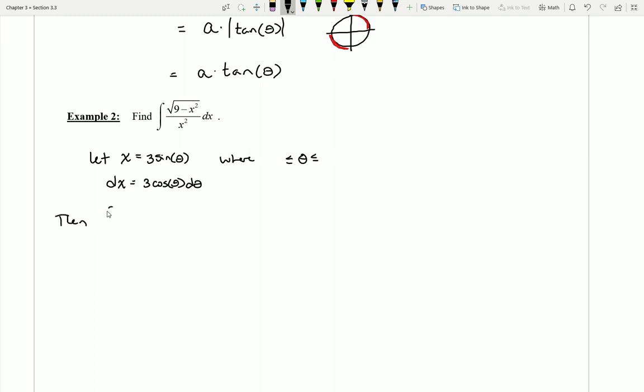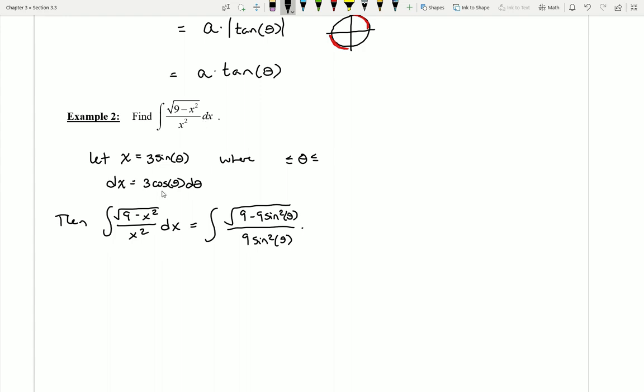So if I use this substitution, then I'll notice that the integral that I have will be able to be updated slightly. Notice, again, I'm going to have 9 minus 9 sine squared theta under the radical. In my denominator, I still have to take x and square it, so I'm still going to have a 9 sine squared theta. And in place of dx, notice I can't just write d theta.